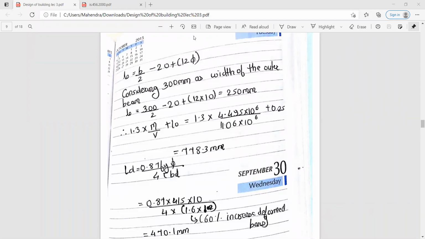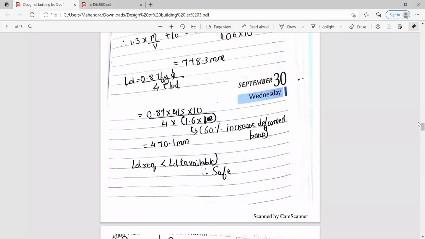That's why we have taken 300 mm as the thickness of the beam. Okay, completed everyone. Should I proceed further?